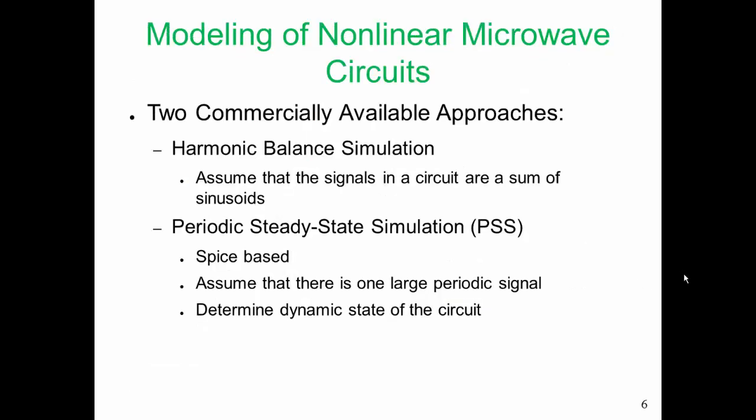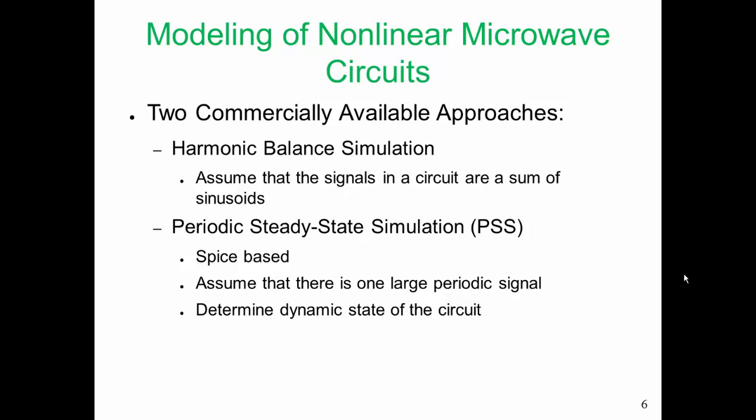When it comes to modeling nonlinear microwave circuits, there are two commercially available approaches, and the harmonic balance method is just one. In the harmonic balance method, we assume that the signals in a circuit are a sum of sinusoids, and each of those sinusoids could have any amplitude we want.